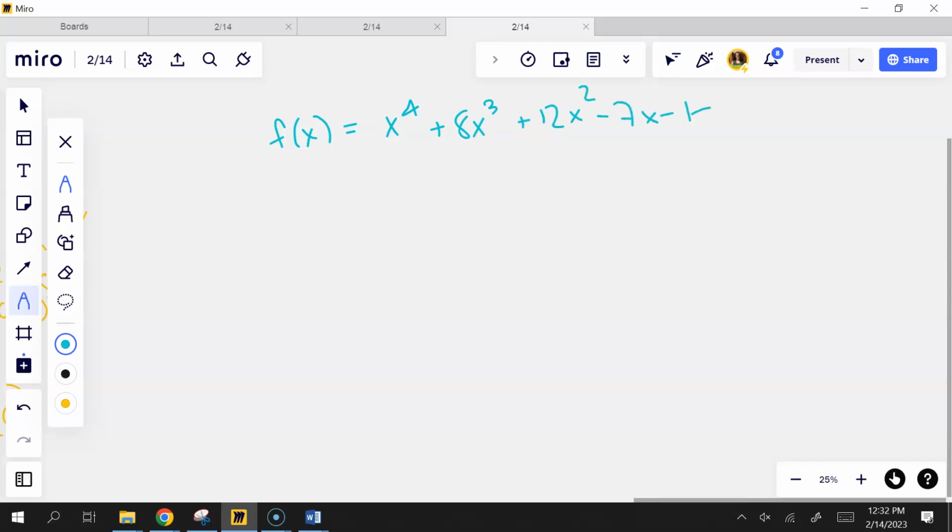7x minus 14. Do f of c without actually plugging in. We'll use it to do a lot of other things.